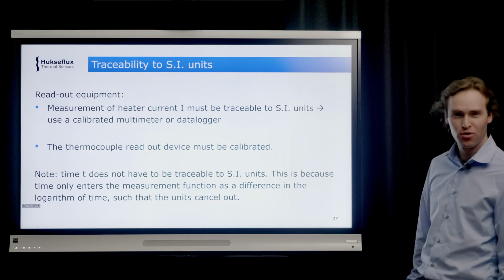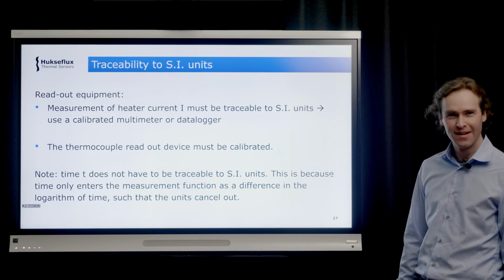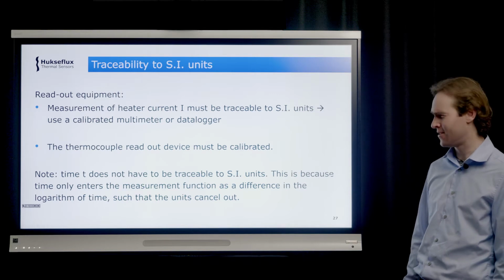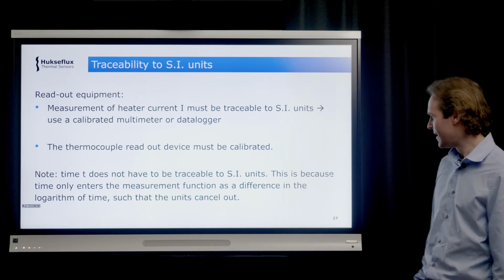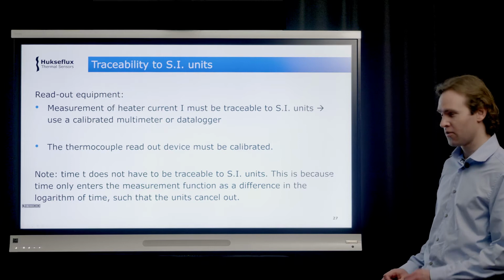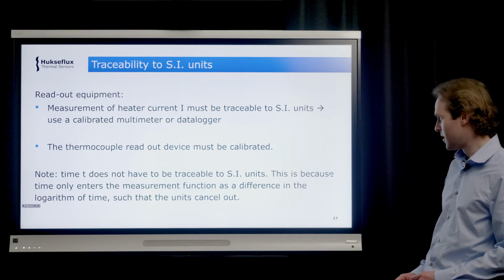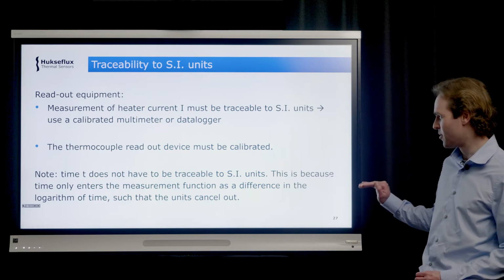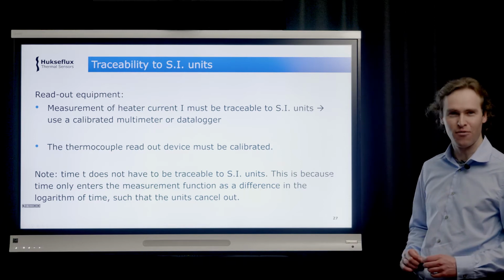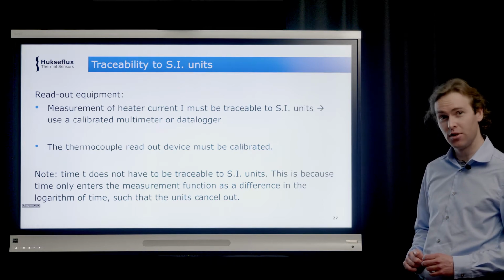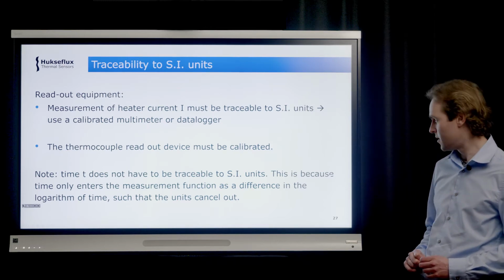And actually time turns out to be a little bit special. It does not need to be traceable to SI units, and you wonder, okay, why? This is because of the way that time enters this measurement equation. It only enters the measurement function as a difference of the logarithm in time, and the result is that the units cancel out.